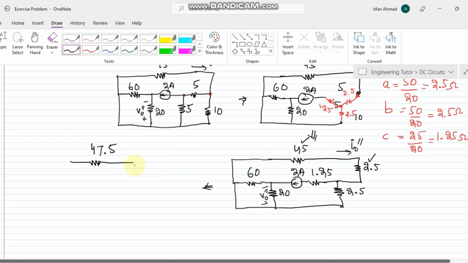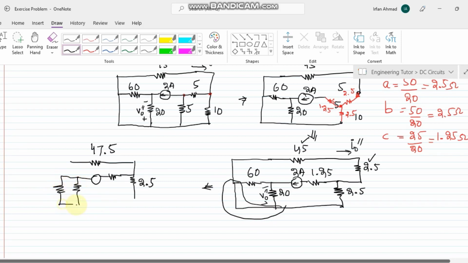Okay, so this, and then this 2.5 here, these two, we can very easily see that both their ends are connected, so these are in parallel with each other.